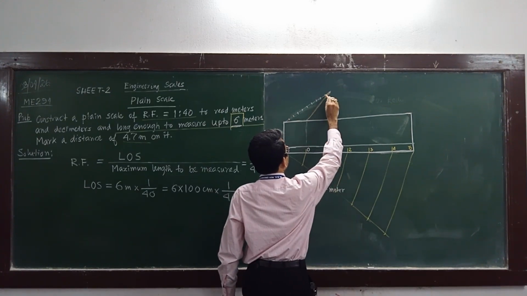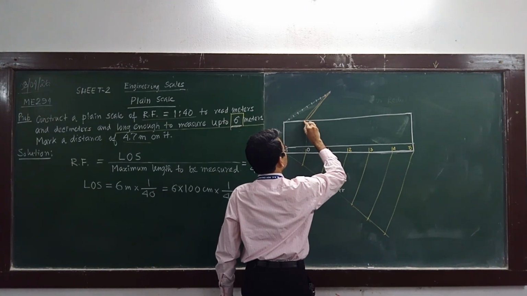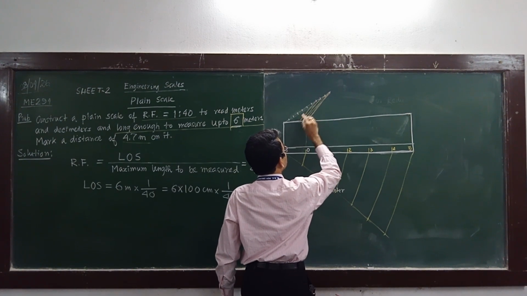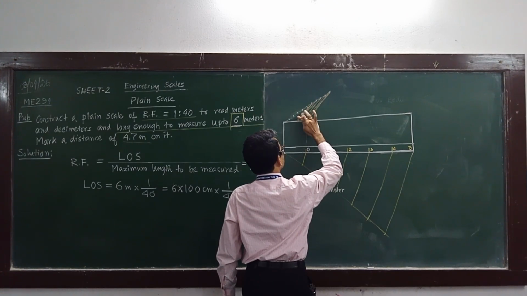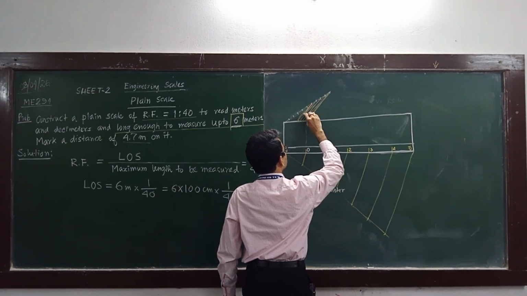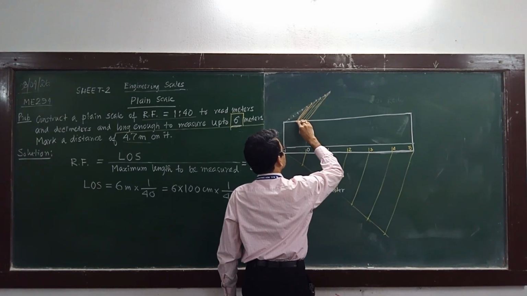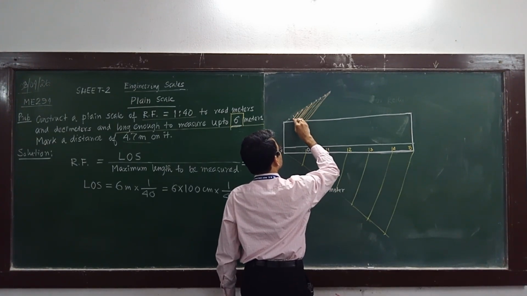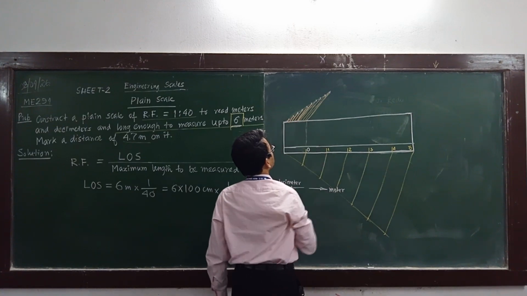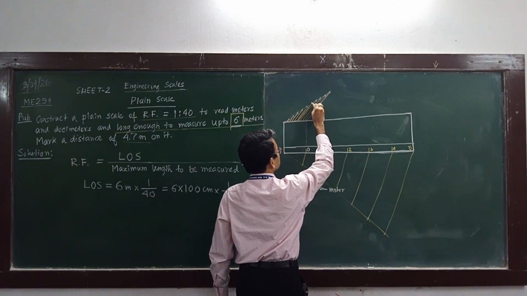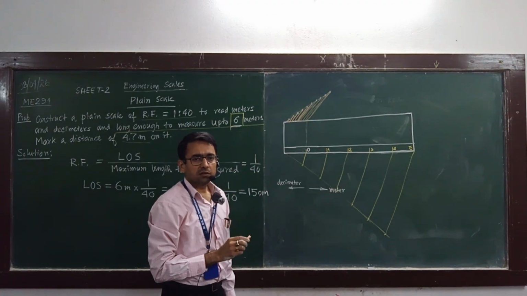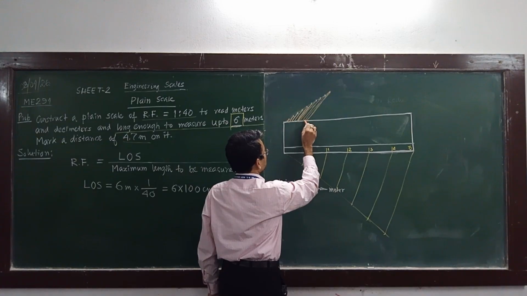You will keep on drawing the parallel lines with that. That means you will join this with this, then parallel lines from these points. Right? The same procedure.